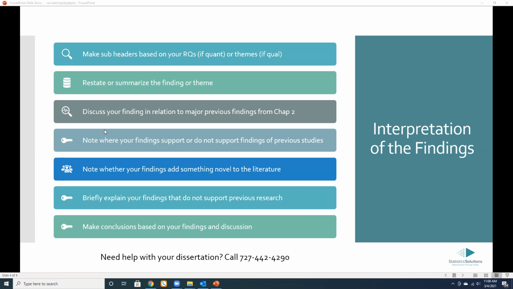Usually what people do is hit the quantitative findings first, and then discuss the qualitative findings, noting where the qualitative findings may support the quantitative information, or they may add details.